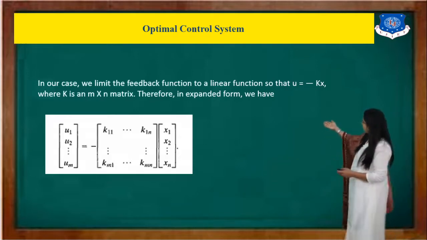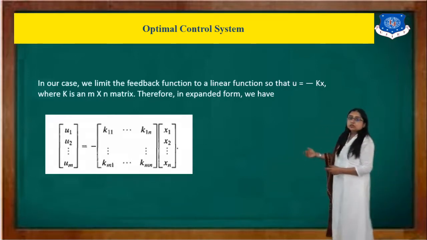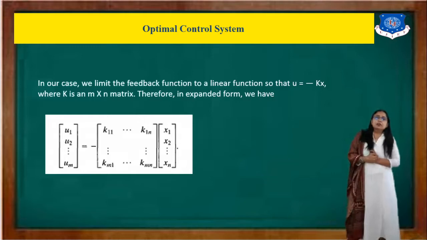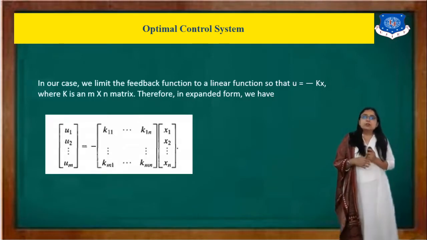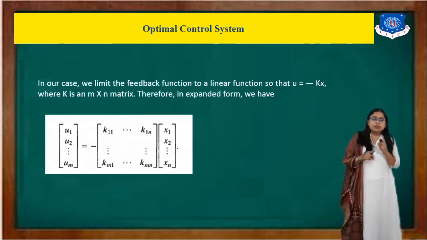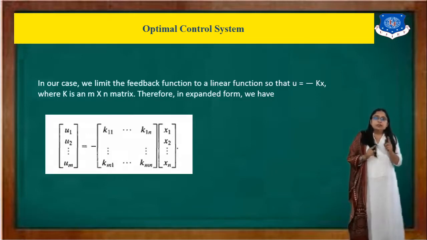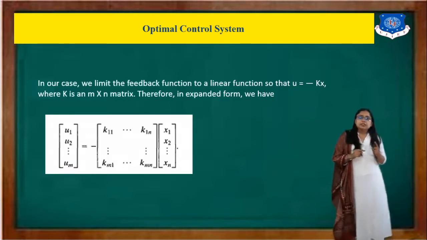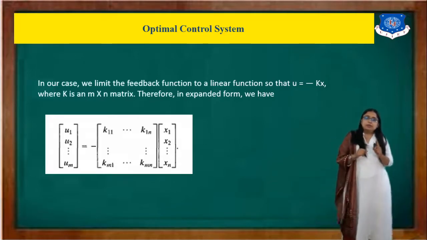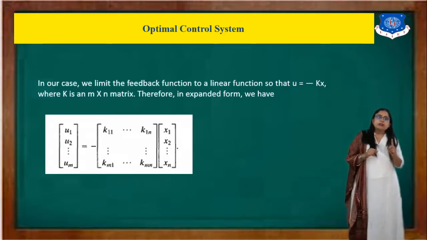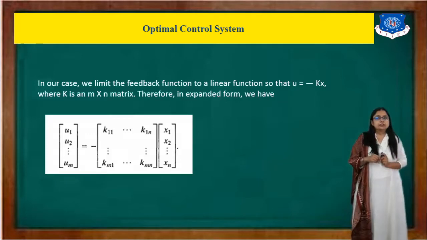And here I have the variables x1, x2 and xn. So my equation will become u1 equal to k11 into x1 plus k12 into x2 plus k13 into x3, till plus k1n into xn.